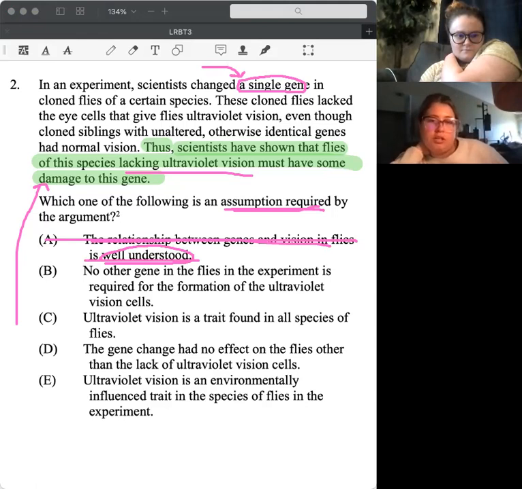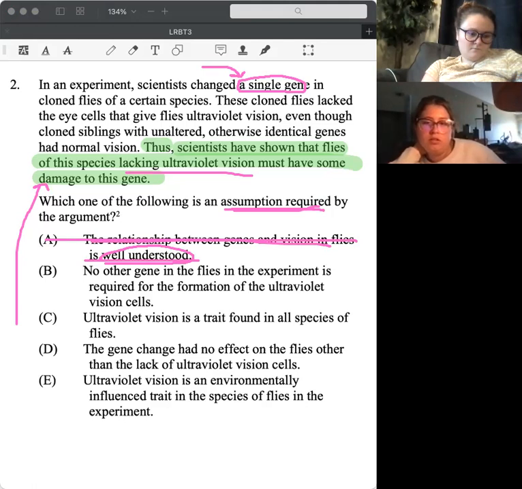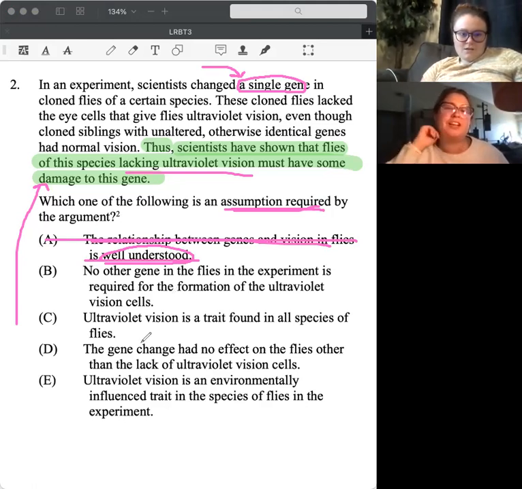B. No other gene in the flies in the experiment is required for the formation of the ultraviolet vision. I'm trying to negate test this, and I just struggle really hard when it comes to no, none.